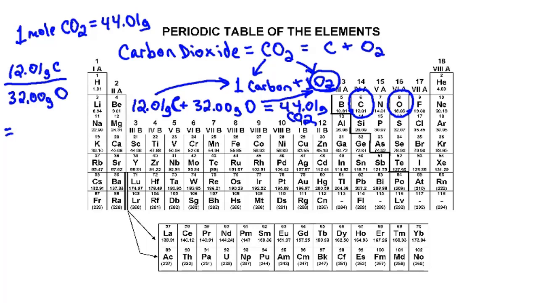So for every 12.01 grams of carbon in carbon dioxide, we're going to have 32 grams of oxygen in carbon dioxide. So if you divide those numbers, you get 0.375 as a mass ratio.